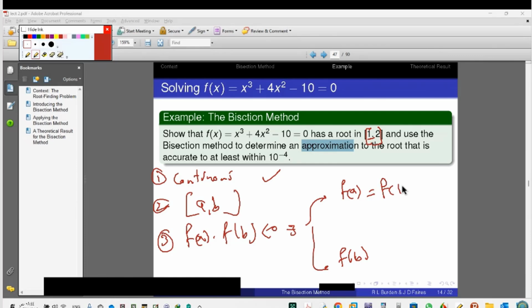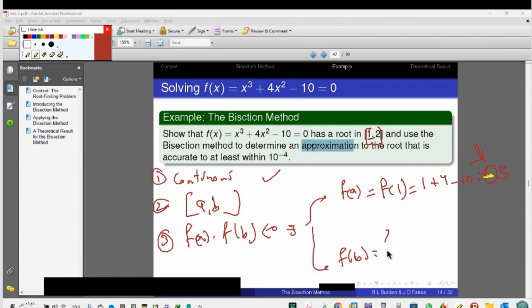So F(1) equals 1 plus 4 minus 10. It is minus 5. I will focus on the sign, my eyes on the sign. The sign is negative; I don't care about the result, I need the sign.